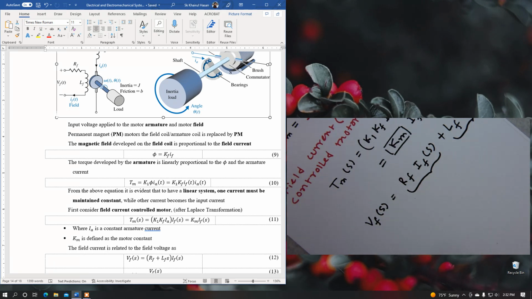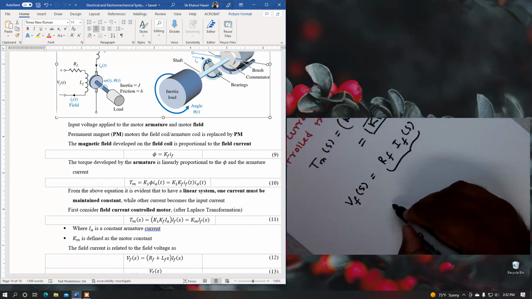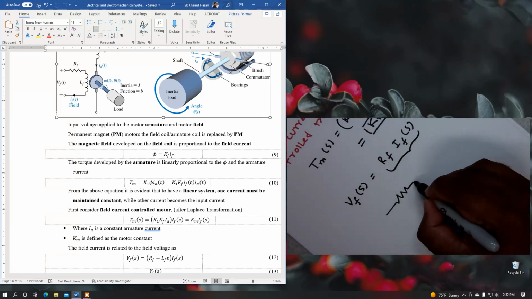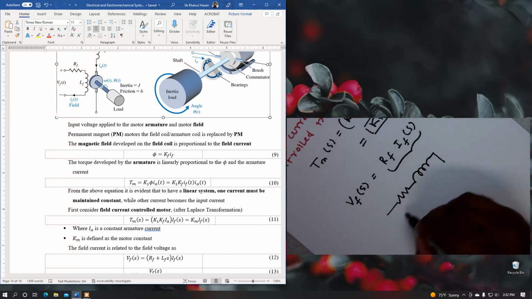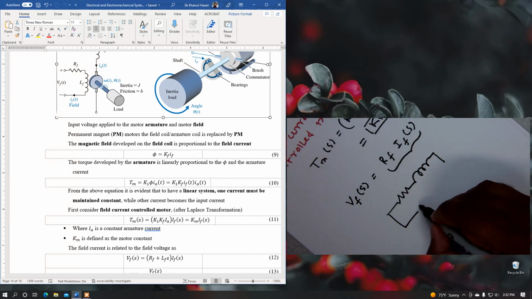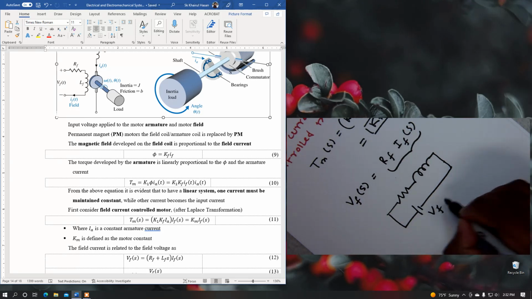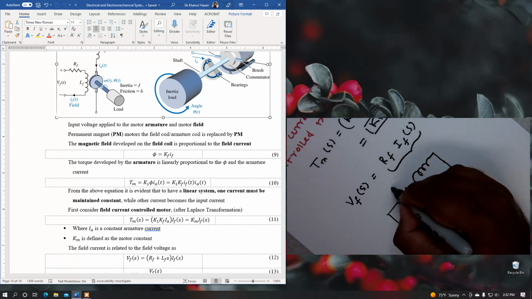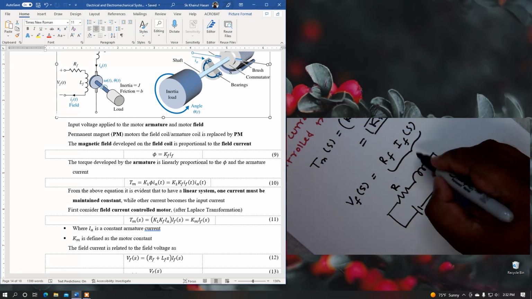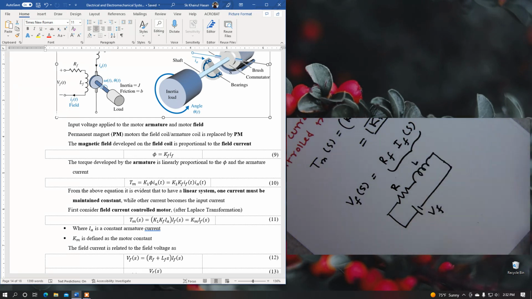Let me show you the equivalent circuit. Here is the resistance, and here is the inductor, and we are applying the voltage here. So here is the field voltage, R is the field resistance, and L is the field inductance.